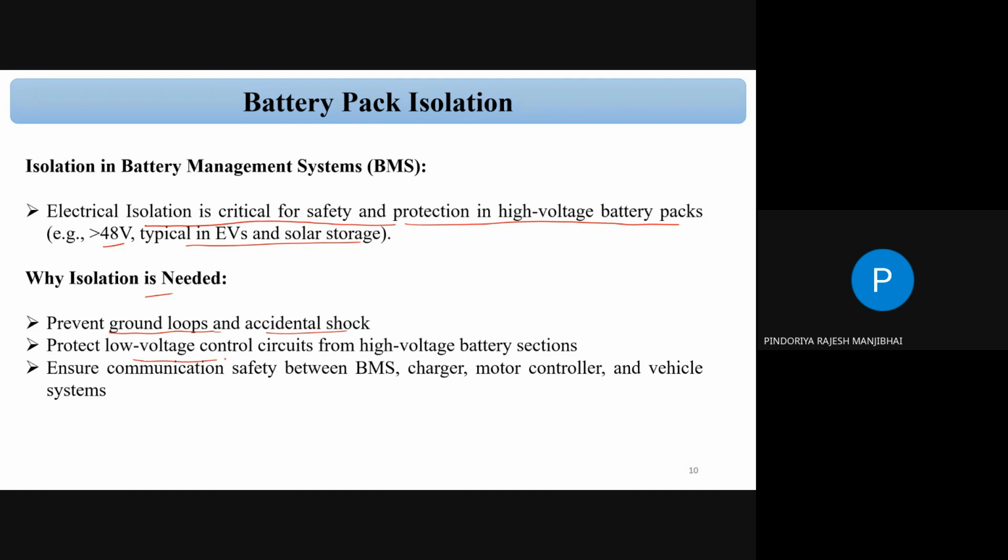Protect the low voltage control circuit from the high voltage battery section. Correct. Ensure communication safety between the BMS, that is the battery management system, charger, motor controller, and vehicle system. Because the BMS is connected with the motor as well as the auxiliary supply, everywhere it is connected, so we have to make sure proper isolation is there.